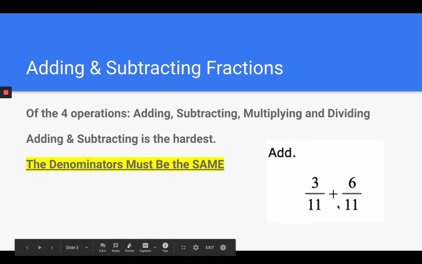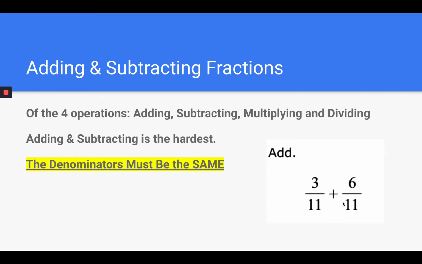The bottom numbers have to be the same. And the reason we're doing adding and subtracting together is because it's the exact same steps, except when it's time to add, you add, and when it's time to subtract, you subtract.